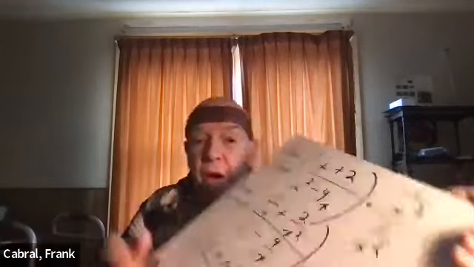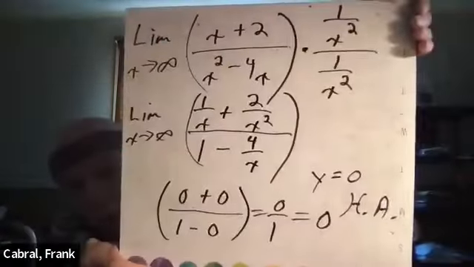So you would be responsible for being able to tell that the line y equals 0 is a horizontal asymptote, and again, I will just call that an HA, short for horizontal asymptote.